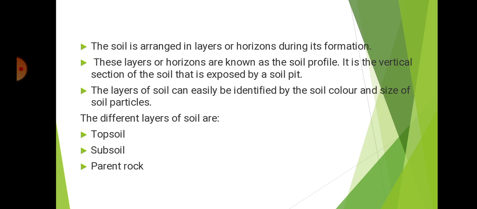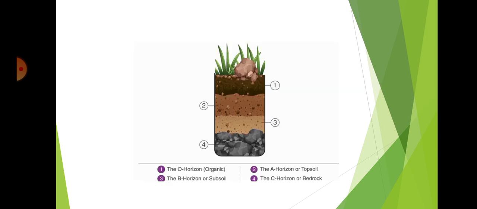The layers of soil can easily be identified by the soil color and size of soil particles. If you see the different layers of soil, the first one is topsoil, second one is subsoil, third one is parent rock. This is what the soil profile picture shows.